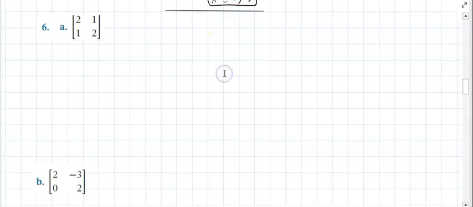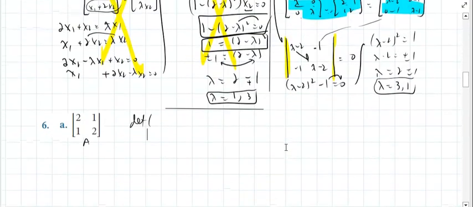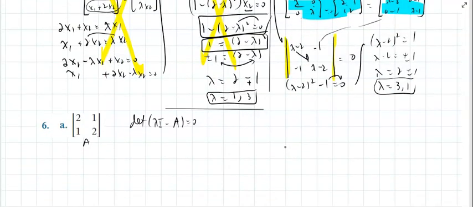Now, we're not going to do this the long way. We're going to say, look, this is matrix A. And if I take the determinant of, here they put it backwards, lambda I minus A. Most other books put A minus lambda I. It doesn't matter. Remember, for a 2 by 2, this is simply 1, 0, 0, 1.